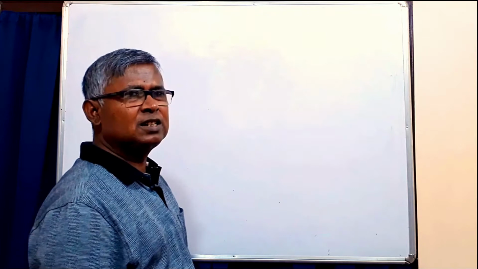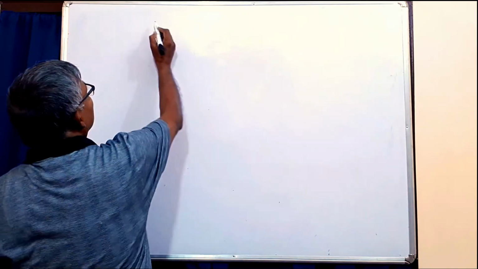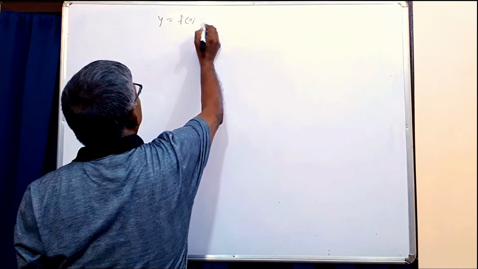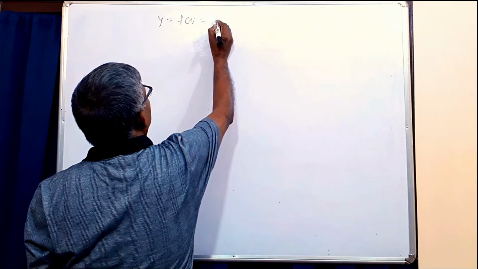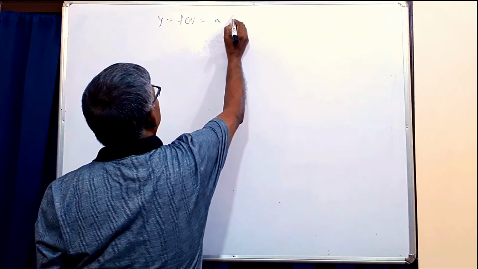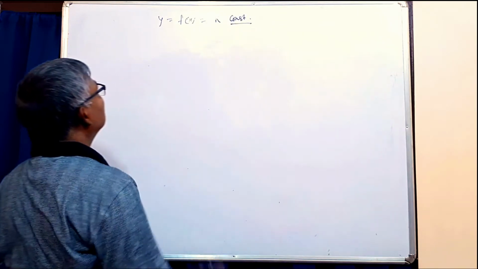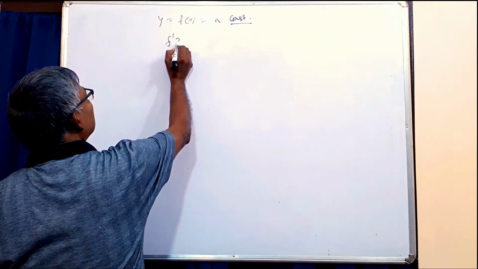Now let us see some examples. Let y equal f(x) equal k, where k is a constant. Then what would be the value of f dash x?